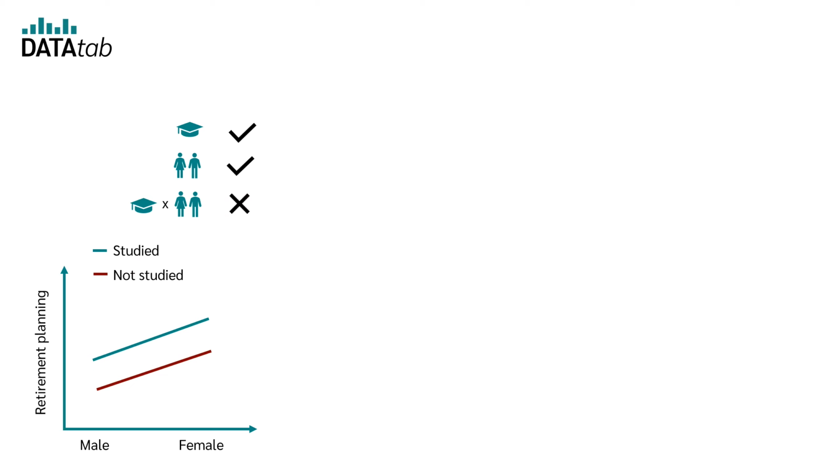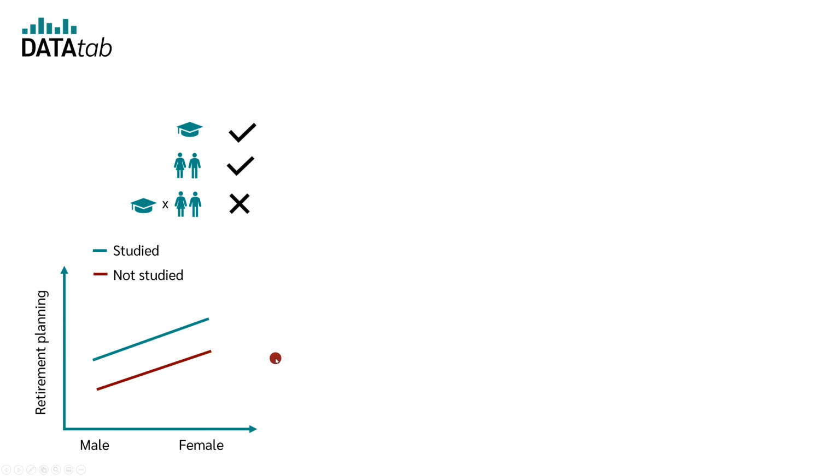And the other way around, the influence of the study status on the attitude towards retirement planning is independent of gender. No matter if male or female, there's always the same difference between studied and not studied. So whenever these lines are parallel to one another, there is no interaction effect.